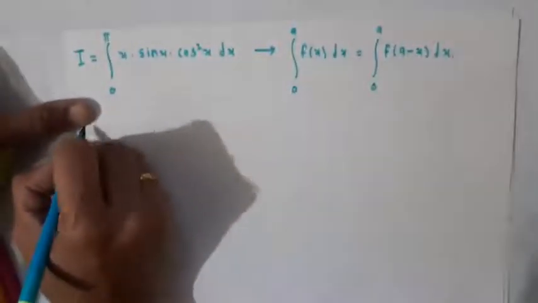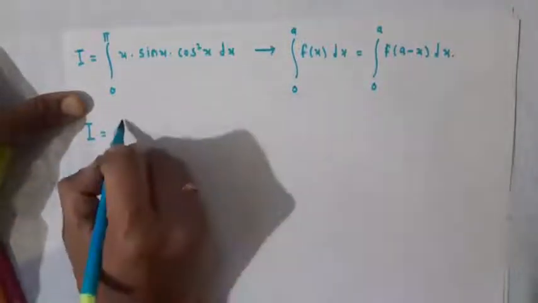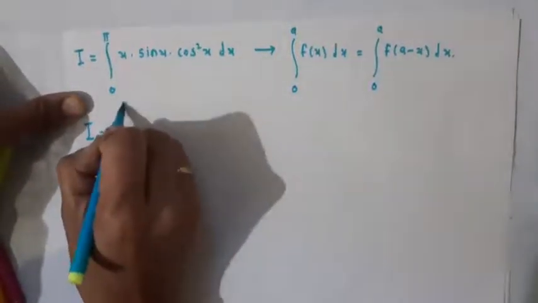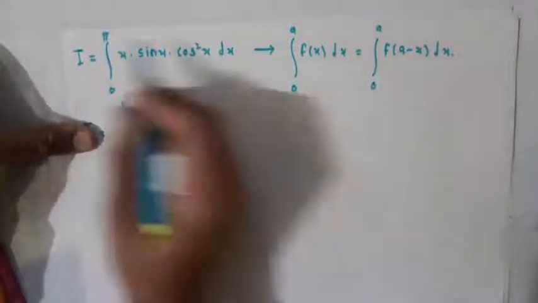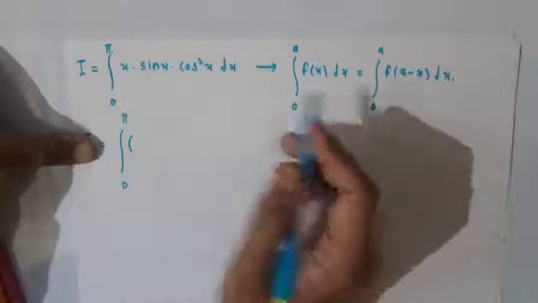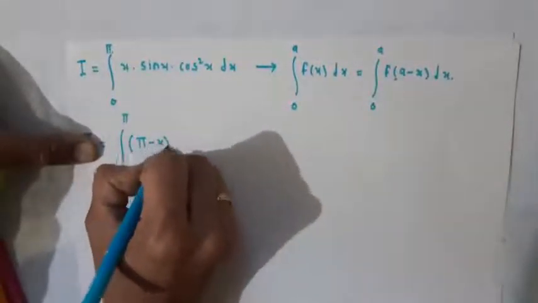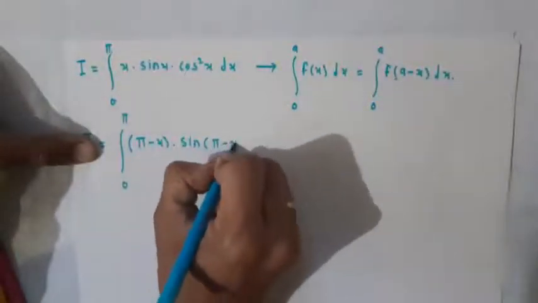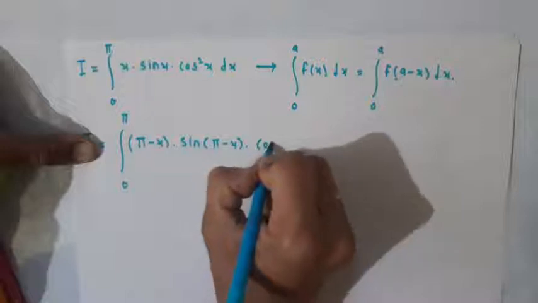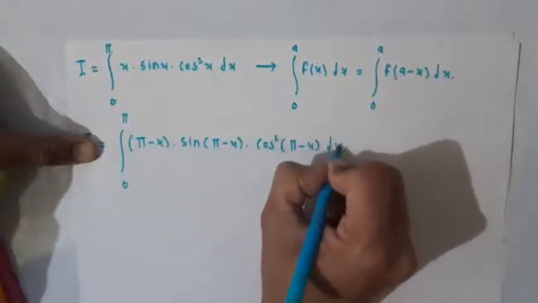Okay, and here integration I equal to, by using the property, that is 0 to pi, x is pi minus x because a is pi, upper limit is pi, and that is pi minus x into sine of pi minus x into cos square of pi minus x with respect to x.